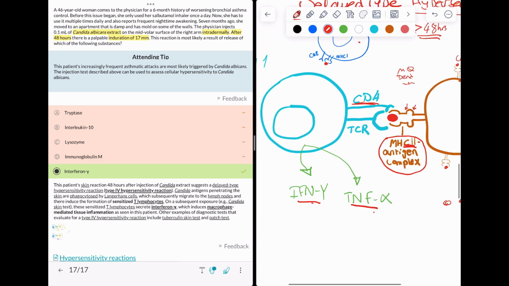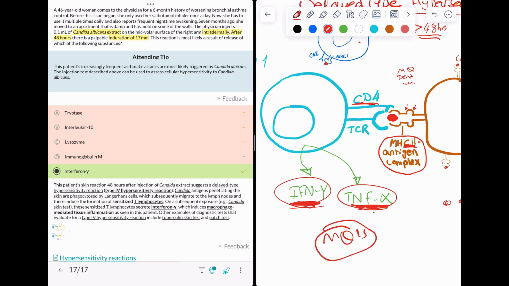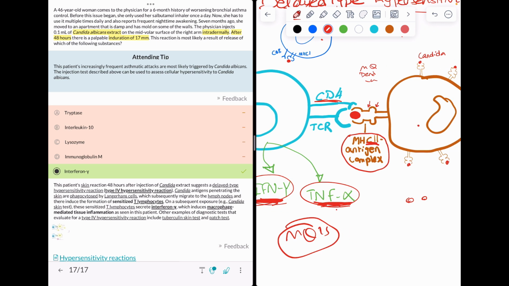Once it recognizes it, it starts releasing two important cytokines, interferon gamma and TNF alpha. Those cytokines help the macrophages kill the antigen more effectively. Okay? They help it release more phagocytic substances. And these induce and recruit more neutrophils and macrophages on site and induce inflammation.